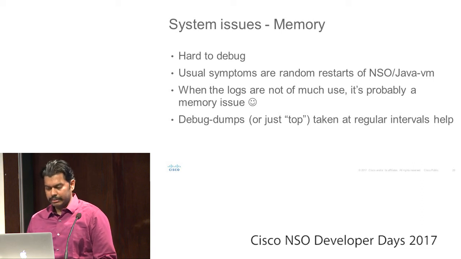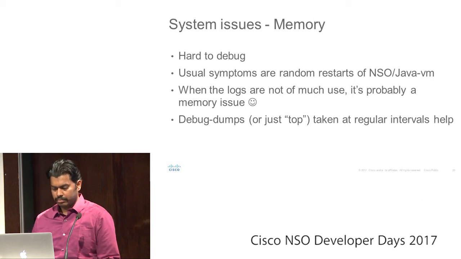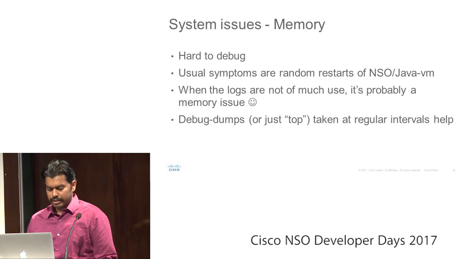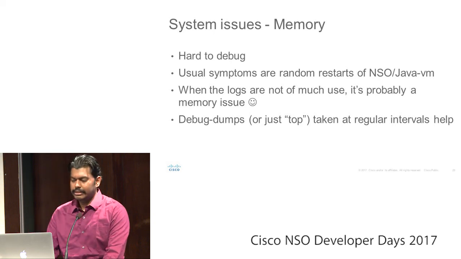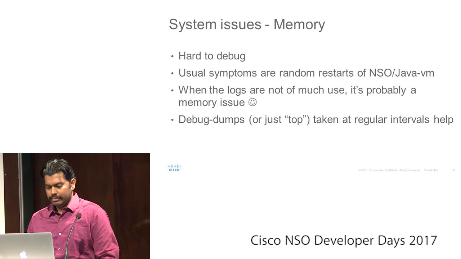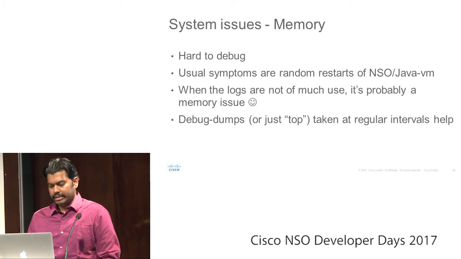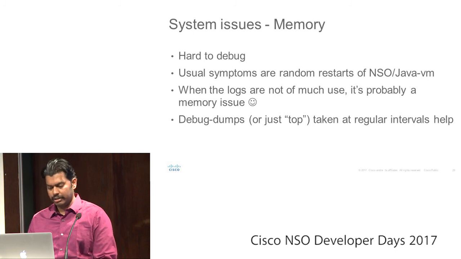It's of course hard to keep track of this because you want to monitor the system status using top or ps and so on. But when you have this kind of restarts or slow performance and nothing else is of use in the logs, you can look at the memory utilization.